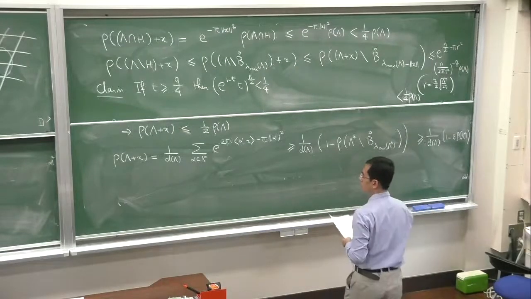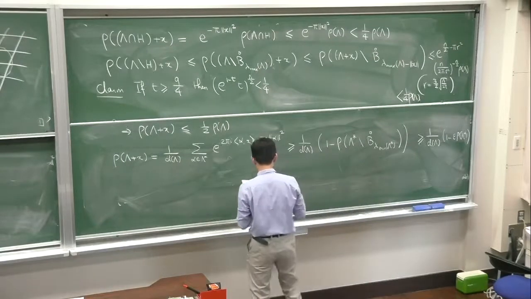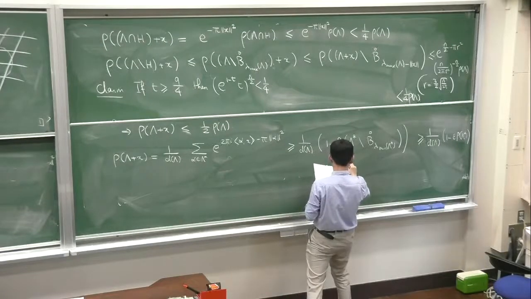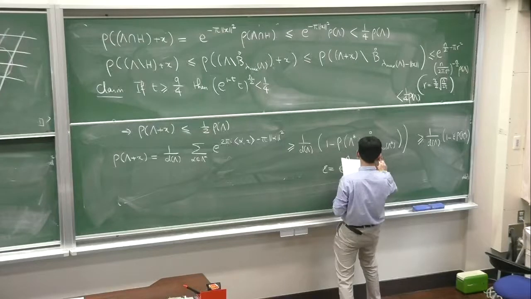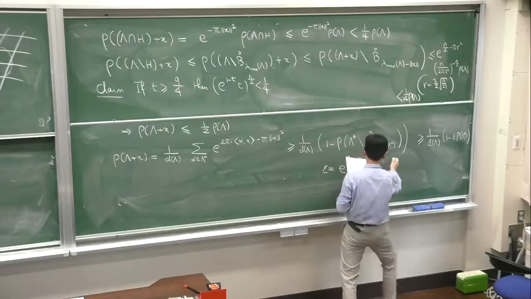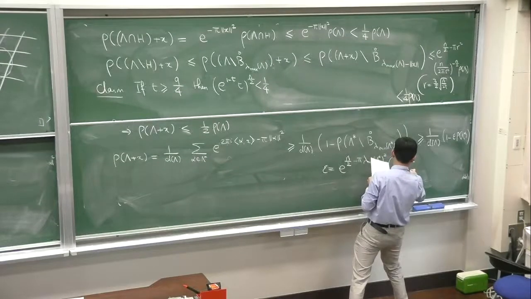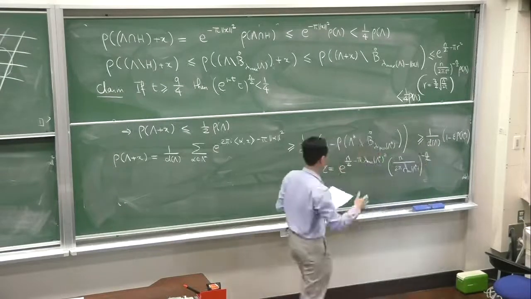So by the proposition that I have erased, here I should give the epsilon, so it's complicated. It's e^(n/2 - pi lambda min of lambda star squared) times (n/2 over pi lambda min of lambda star squared)^(n/2).